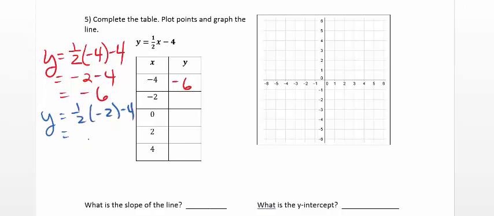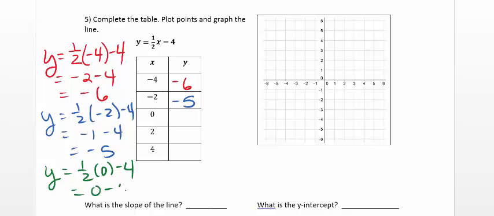Half of -2 is -1, minus 4 is going to be -5. Substitute 0 in, and we get y equals 1/2 times 0 minus 4, and half of 0 is 0, minus 4 is -4.